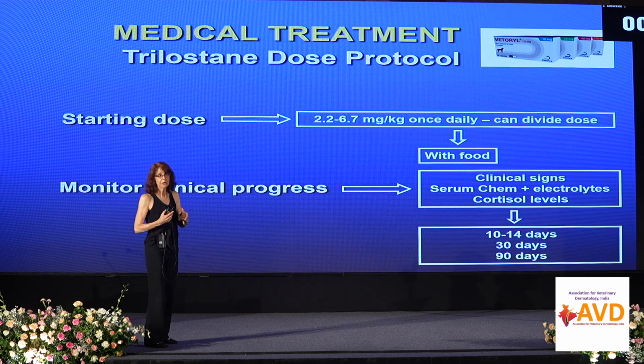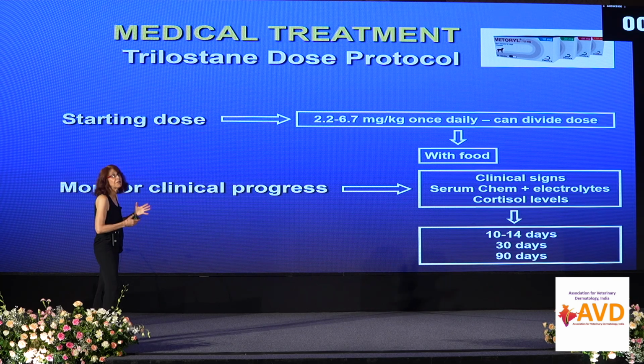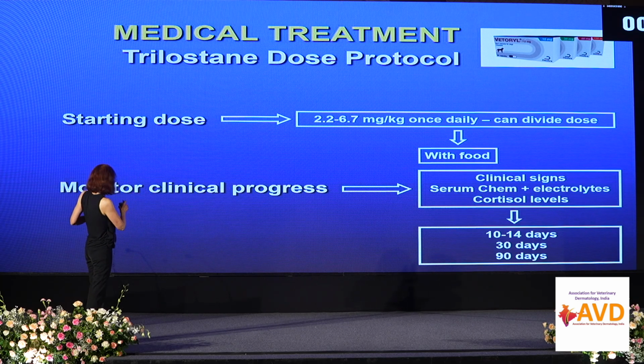DECRA tells you, and the veterinary association agrees, you don't need to do it twice a day, at least initially, because of how it's metabolized. The half-life is short, it doesn't last very long. So monitor, and give it with food to improve absorption.